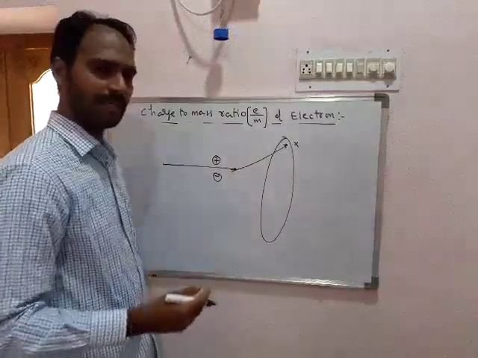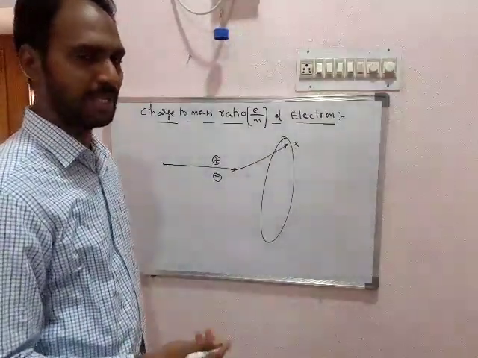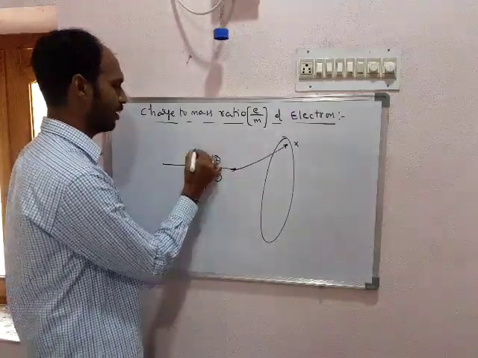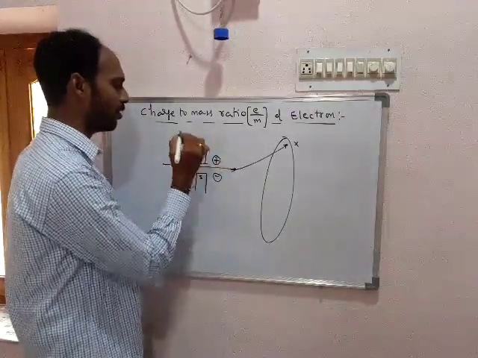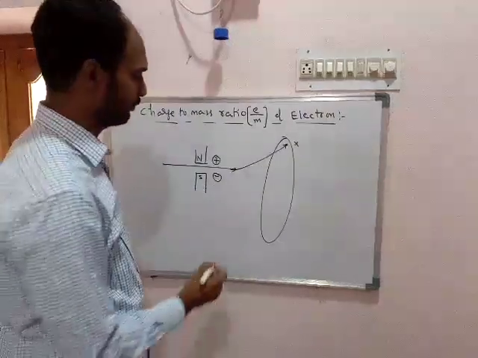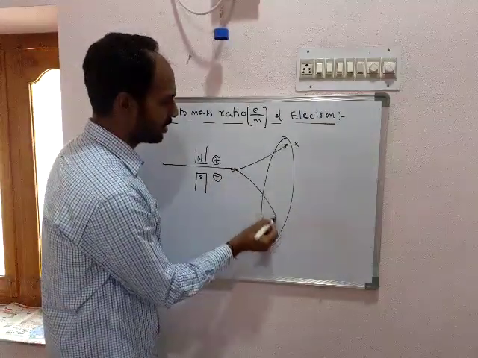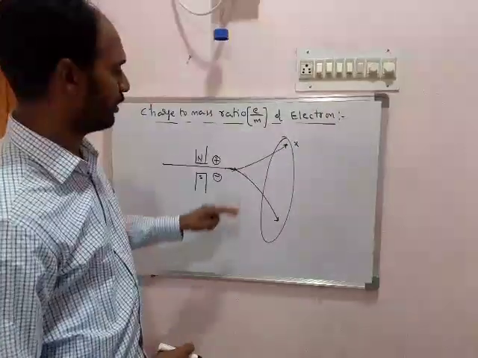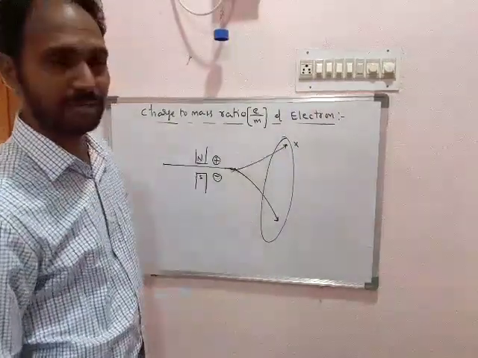When he applied a magnetic field, the deflection is like this, which is exactly opposite to the direction of deflection of the electric field.